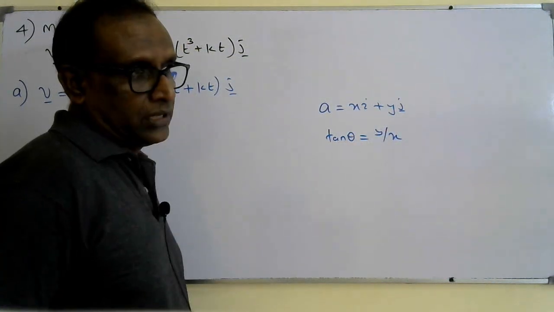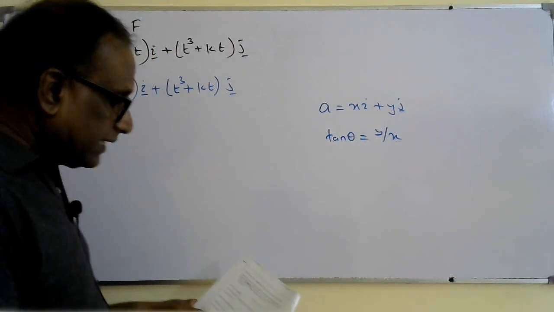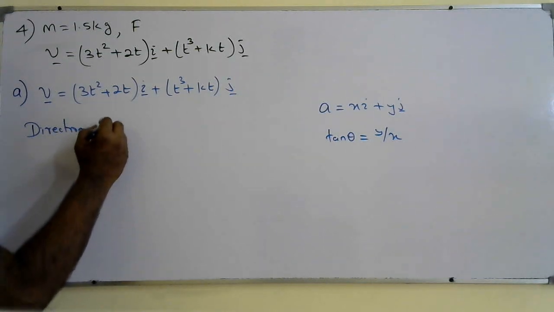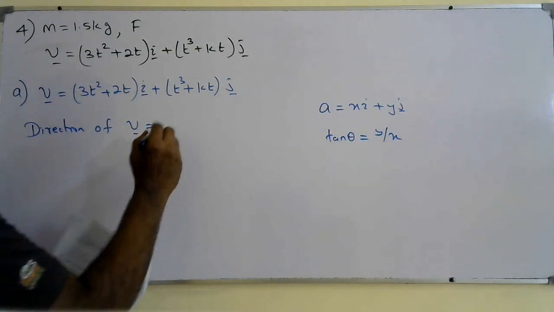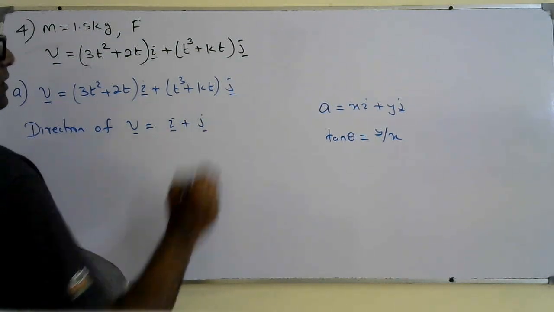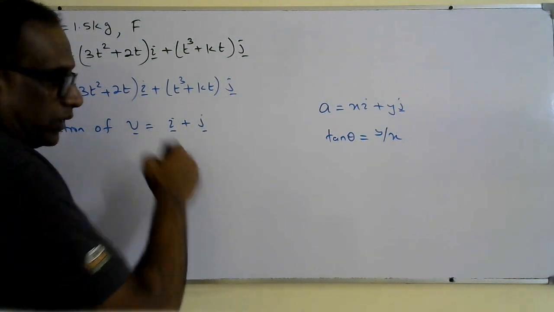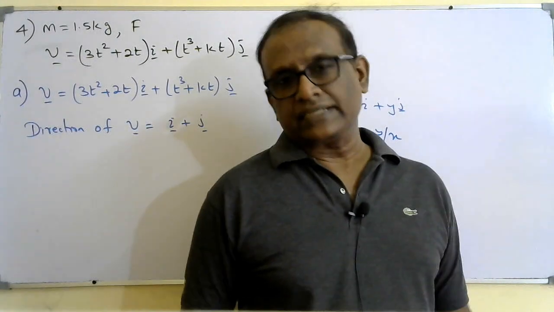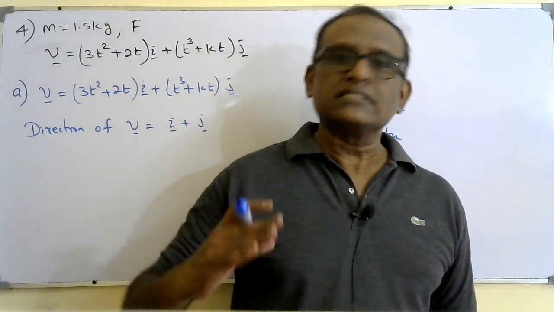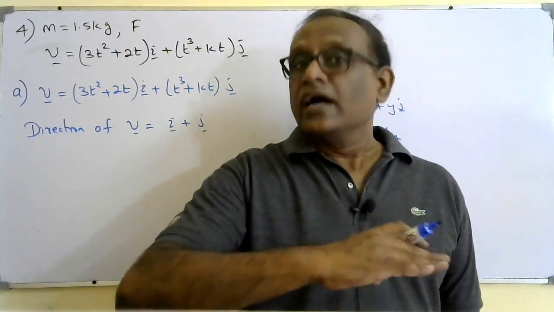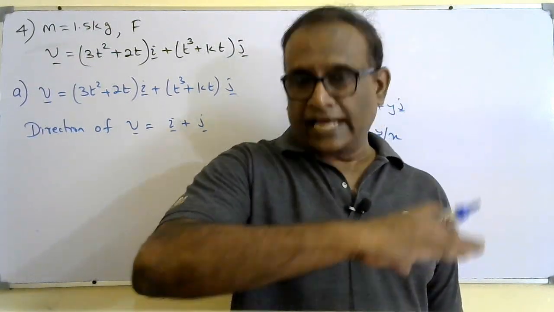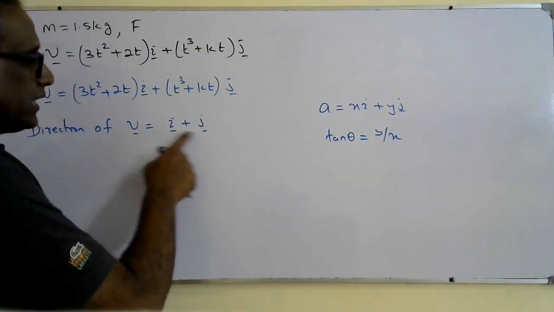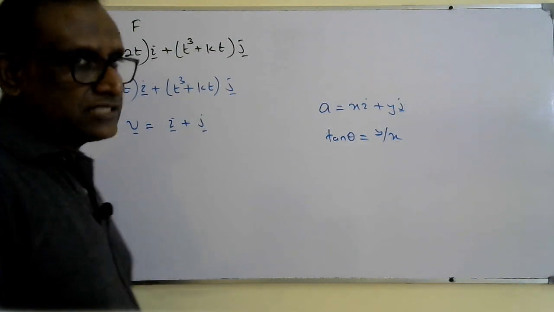At the same time, they are telling the direction of v separately as i plus j. So i plus j means 1 here, 1 there. So tan inverse 1 over 1 is tan inverse 1, which is 45 degrees. So the velocity is at 45 degrees with the positive i direction, that is along the x-axis, because tan inverse 1 means 45 degrees.